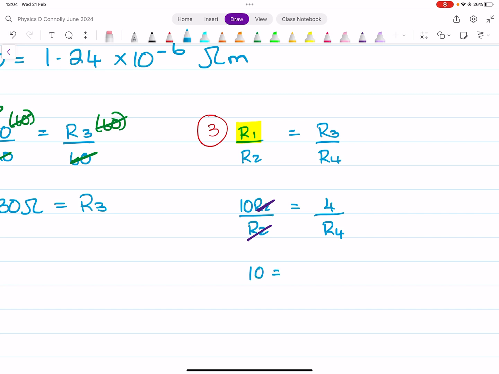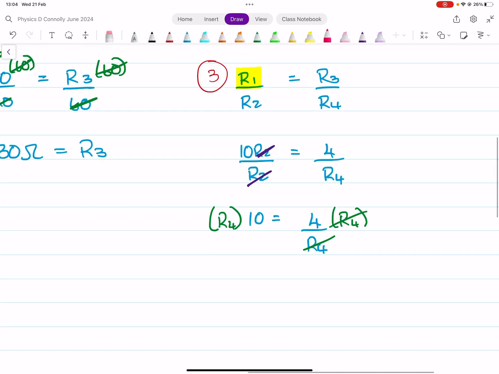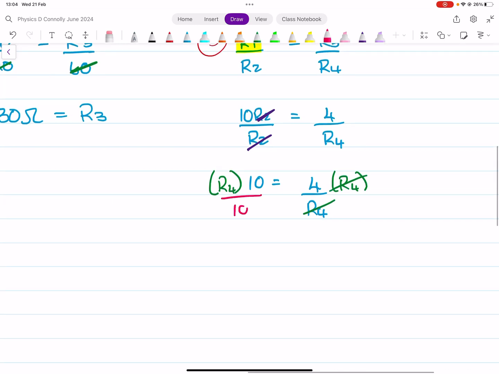So that gives me 10 equals 4 over R4. And then if I multiply across by R4, and then divide by 10, I get R4 equals 4 divided by 10. So 0.4 ohms.